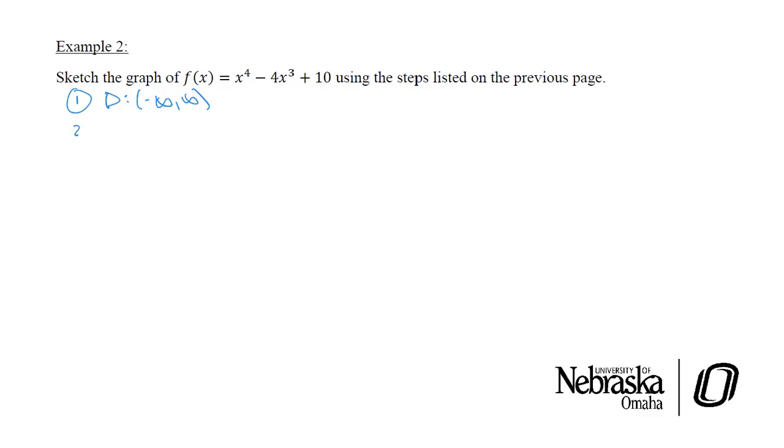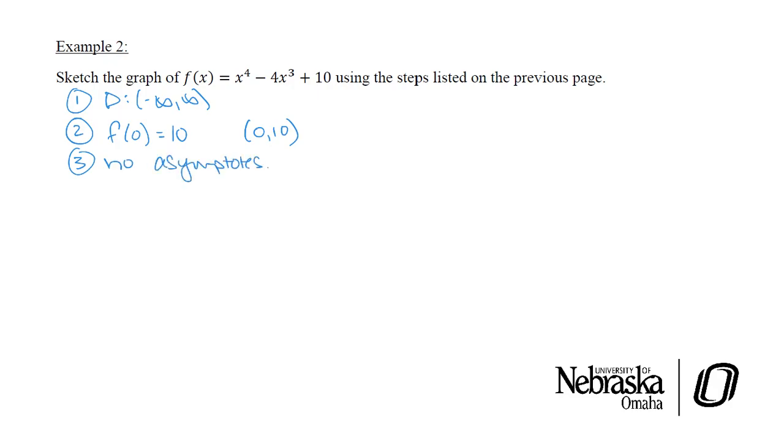Notice again, the x-intercept is going to be challenging to find, but we can find the y-intercept. If we plug 0 in for x, we get 10. So our y-intercept is (0, 10). Quite easy. This is a polynomial, so there are no asymptotes, luckily.